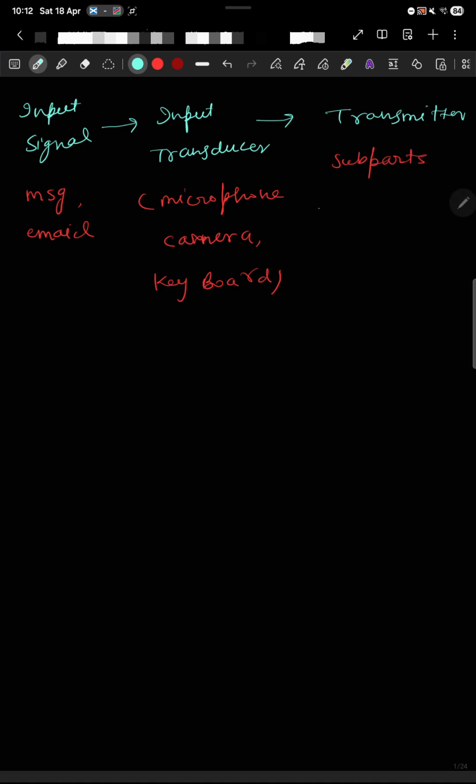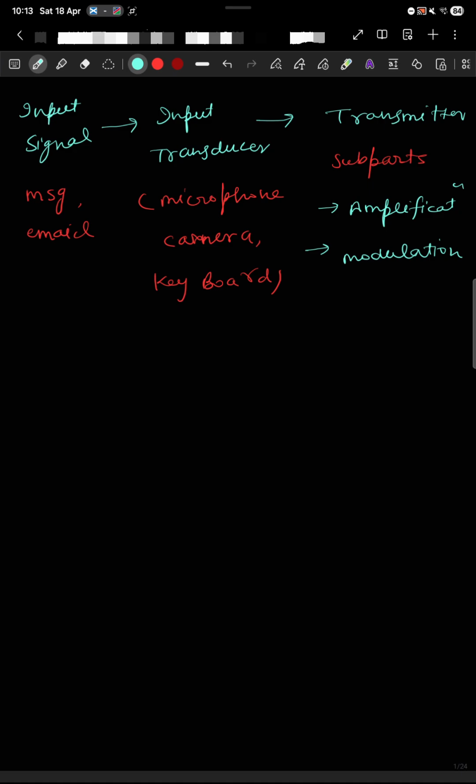For example, there could be amplification of the signal, and there could be modulation process. Modulation simply means combining your message signal with a carrier signal so that it can travel long distance efficiently.